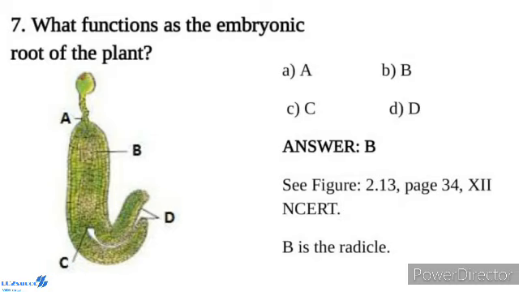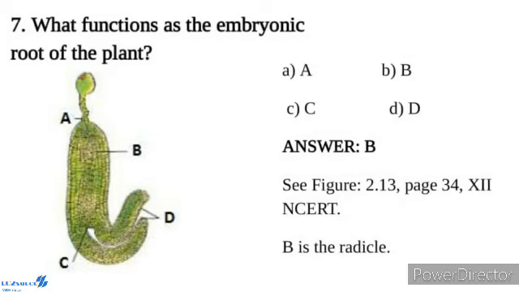Though the seeds differ greatly, the early stages of embryo development, that is embryogeny, are similar in both monocot and dicot. The zygote gives rise to the proembryo and subsequently to the globular, heart-shaped, and mature embryo. A typical dicotyledonous embryo consists of an embryonal axis and two cotyledons.